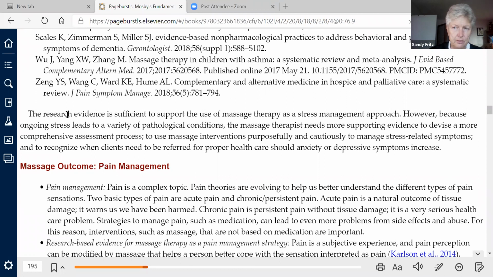So an example of a justification statement after all this is, the research evidence is sufficient to support the use of massage therapy as a stress management approach.